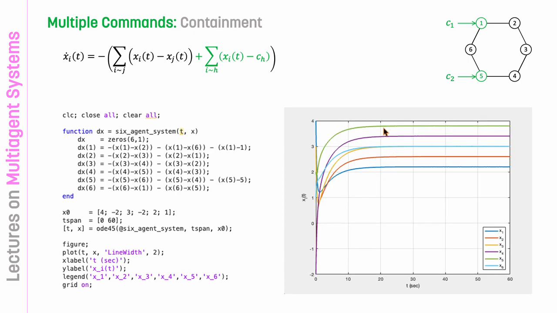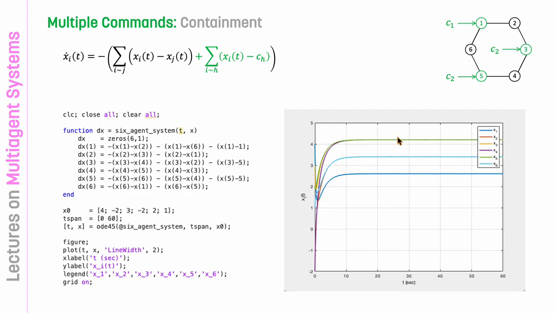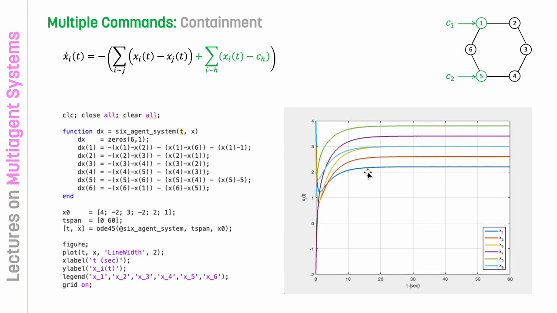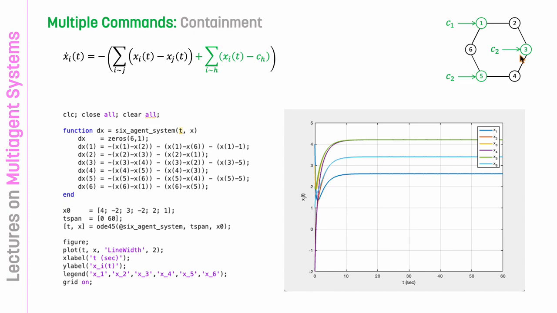So for example, the green one before was 3.8, right now it's 4.2-ish. Or if we look at the bottom one, agent number 1, right now it is at 2.6. Previously it was at 2.2. So if you take C2, which is 5, and inject it into more agents, you will see these agents move more toward this dominant command, C2 equals 5.